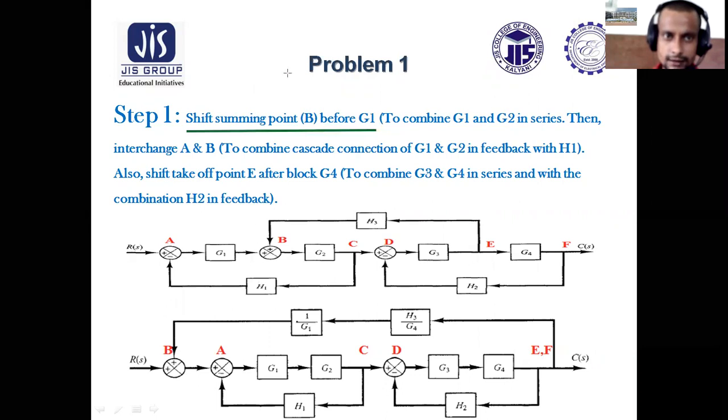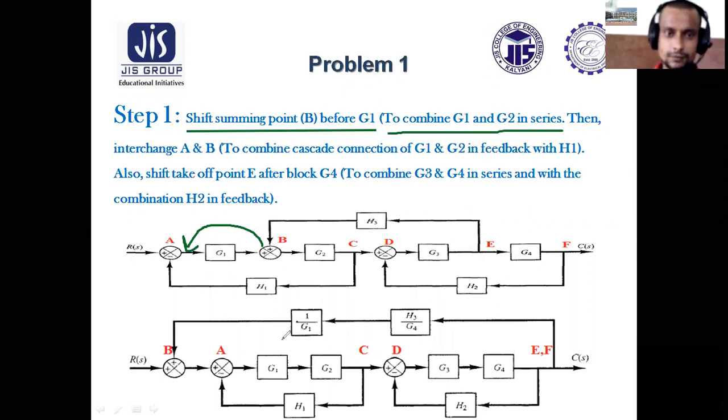So as I already said, shift this summing point B before G1. Why shift summing point B before G1? To combine G1 and G2 in series. If this summing point B is shifted before G1, G1 and G2 will be in series.